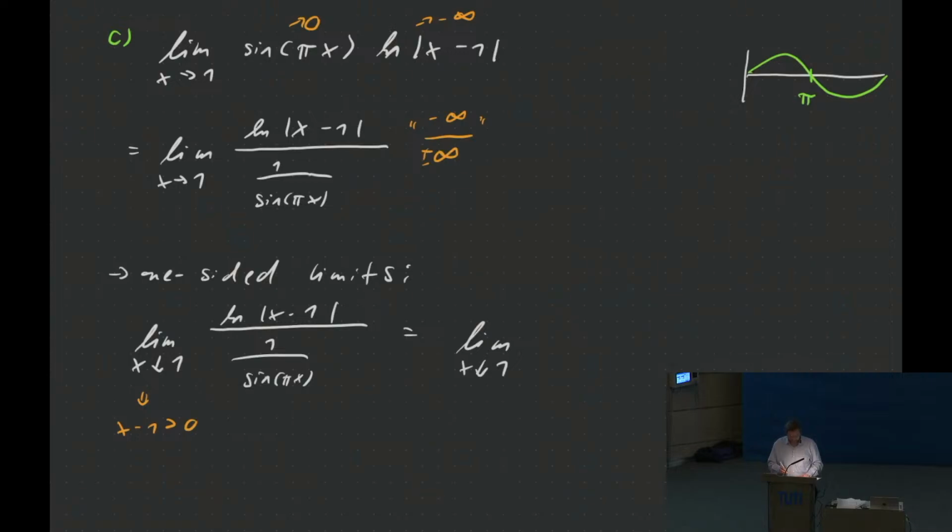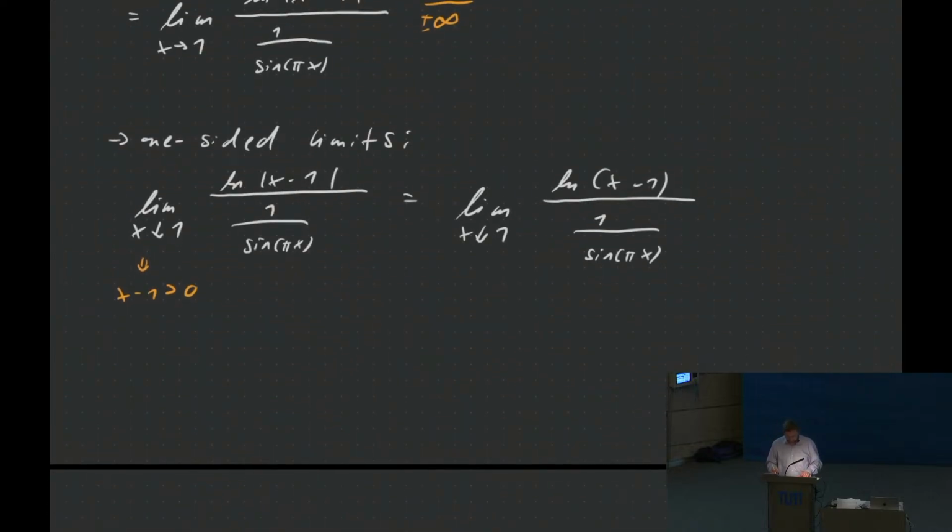And now we can get rid of this absolute value because we know the argument of the ln is positive. So this is ln of x minus 1 over 1 over sine pi x. And now we are again in this infinity over infinity situation, right? That means we can try to apply L'Hopital's rule. Both are at least one-sided differentiable.